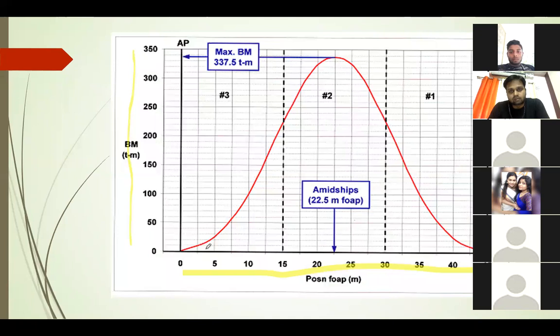This is how your bending moment graph will look like. Your maximum BM occurs at midship, at 337.5 ton meter, then it comes down. So this is how your bending moment curves look like.